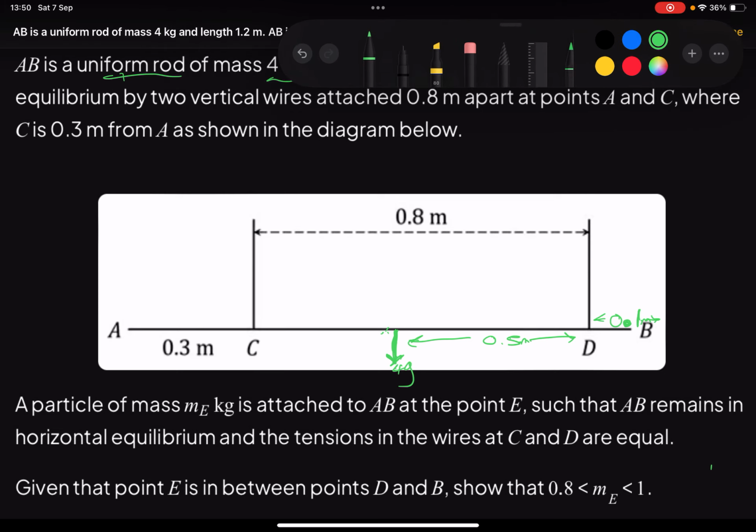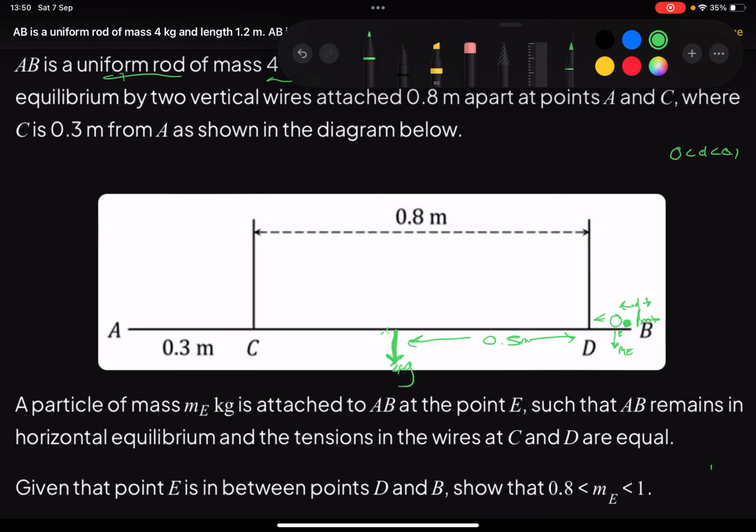And we know that E would reside between D and B. So let's draw m here. m is the point E, and it's a distance d away from D. And since d is between 0 and 0.1, we know that it definitely is greater than 0 and is less than 0.1.